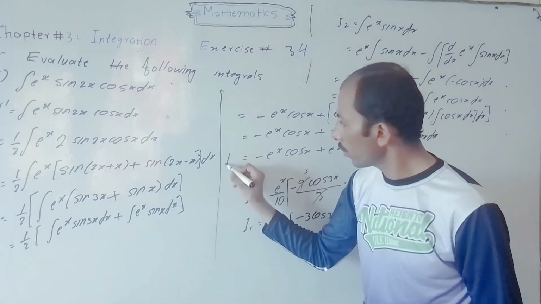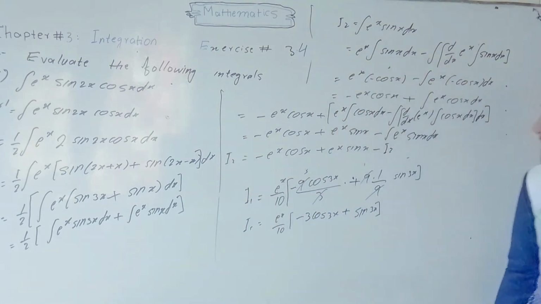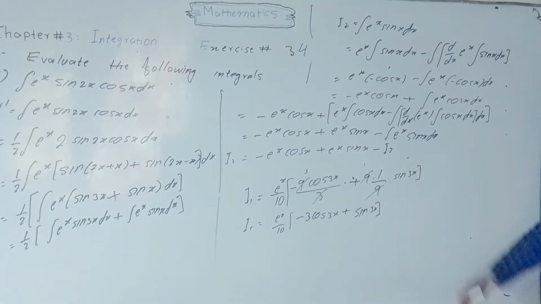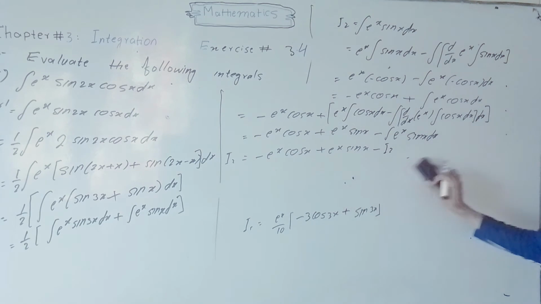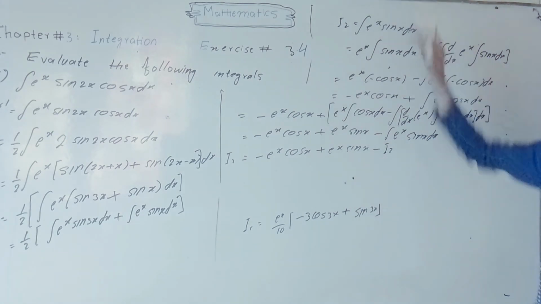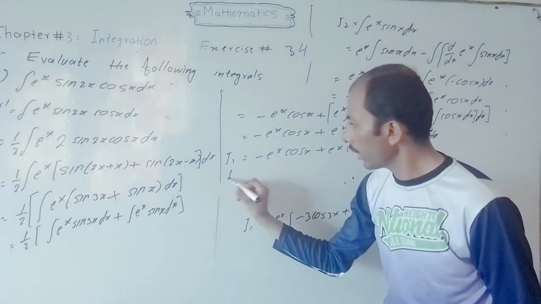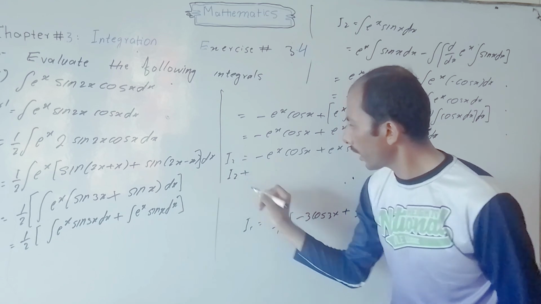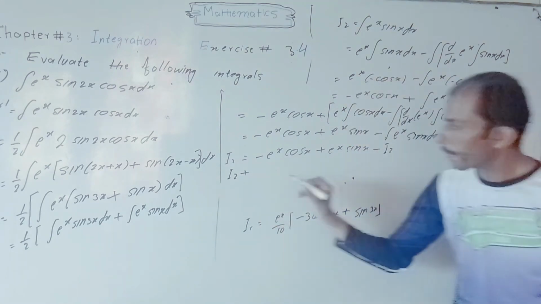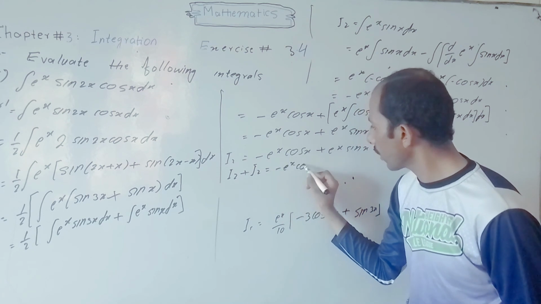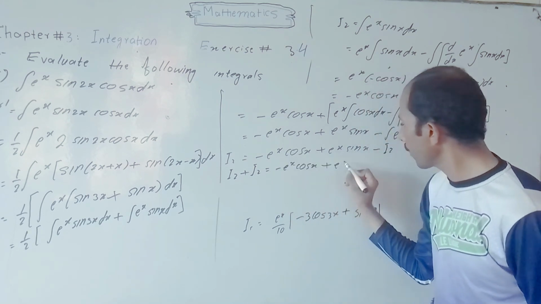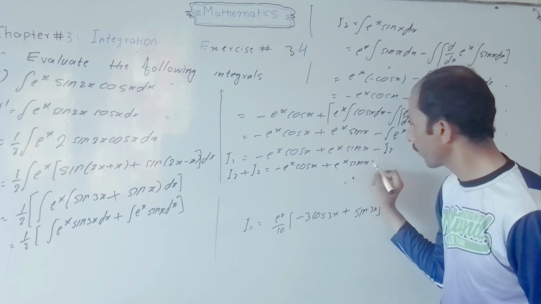So I2 is equal to this function, which means I2 plus I2 is equal to minus e power x cos x plus e power x sin x.